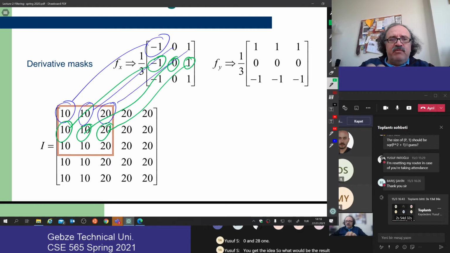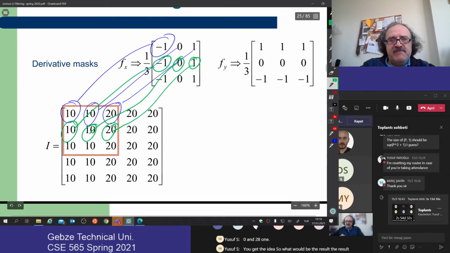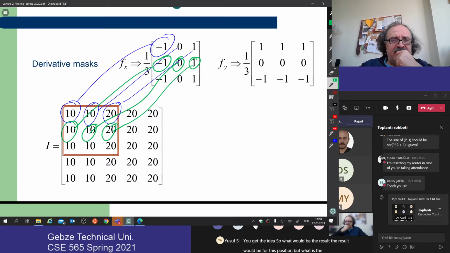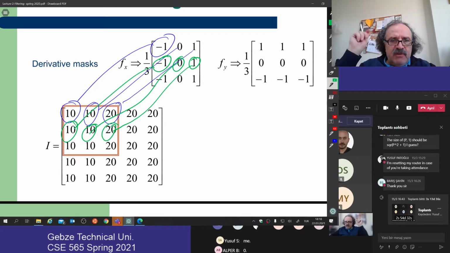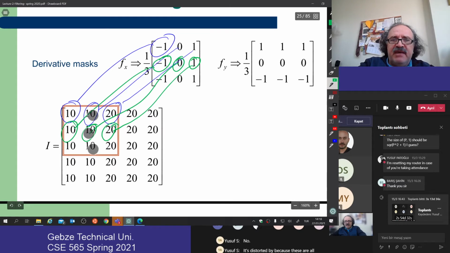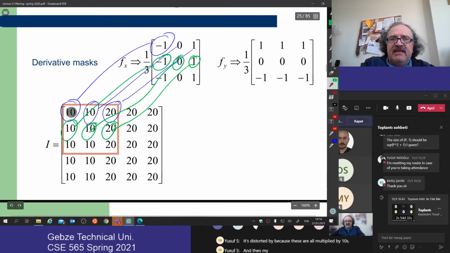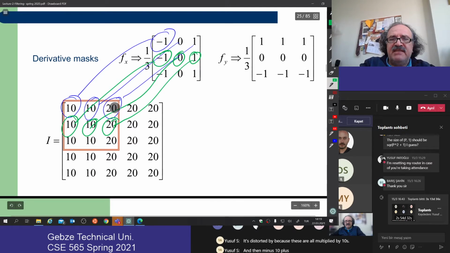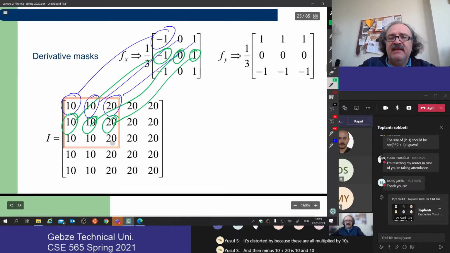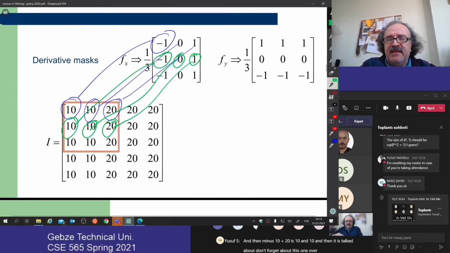So what would be the result for this position? What is the result? You tell me. 0. No. Pardon. No. 30. It is 30 because these are all multiplied by tens, and then minus 10 plus 20 is 10, and 10 and 10. It is 30, but don't forget about this 1 over 3 at the beginning.